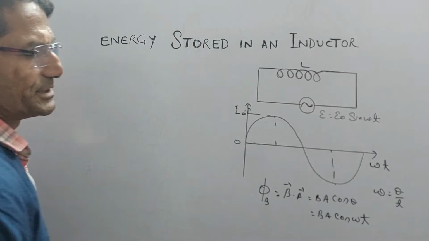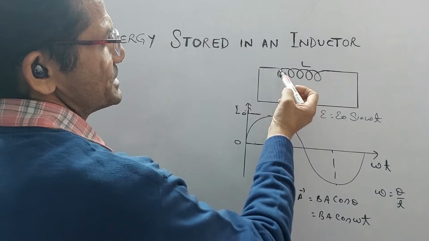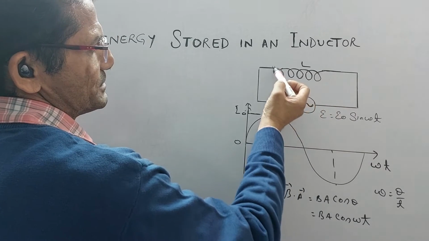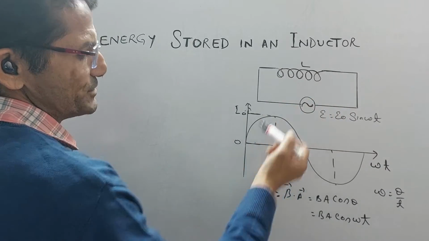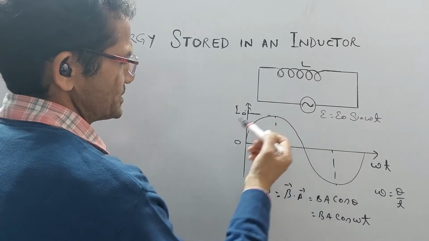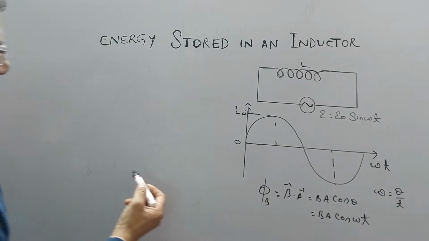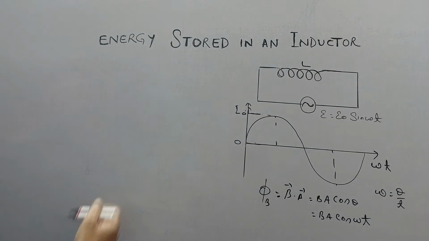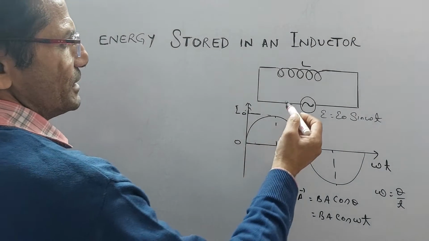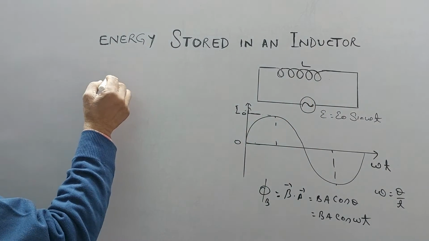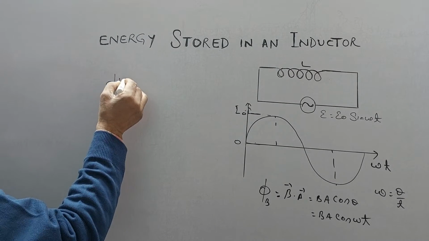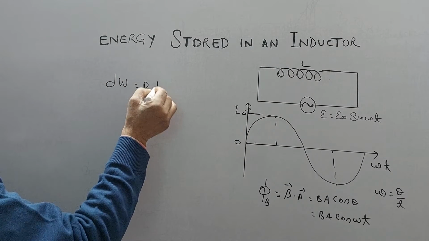During this period, an induced EMF is produced in the inductor which opposes the rising of this current. Suppose in a time dt, the work done against this induced EMF is dW, equal to P times dt.